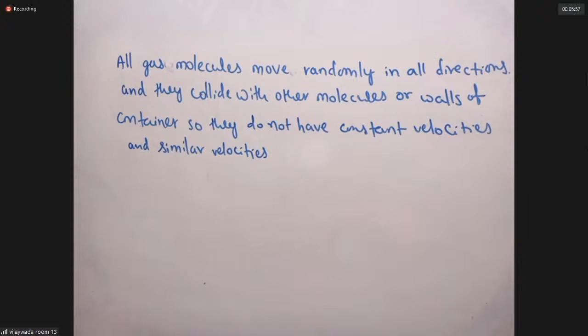We already studied this in the last class, and these are the notes for the Maxwell Boltzmann distribution curve. All the gas molecules move randomly in all directions, and they collide with other molecules or the walls of the container. So they do not have constant or similar velocities.